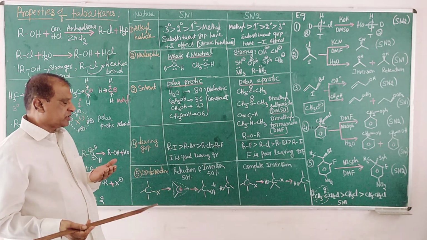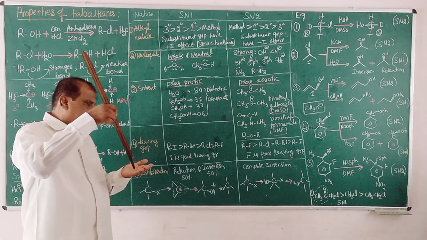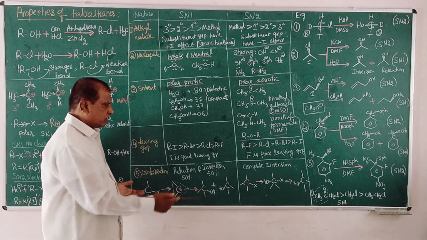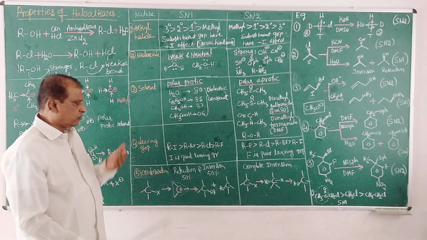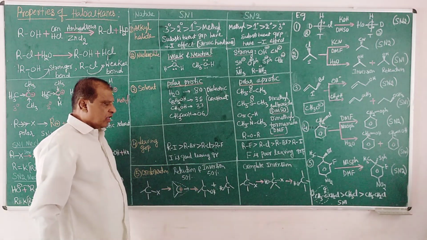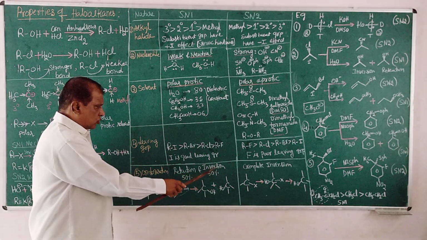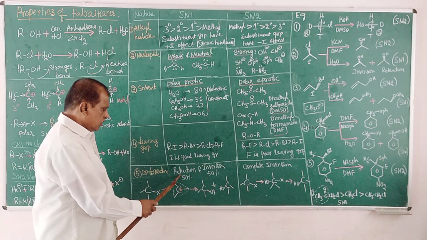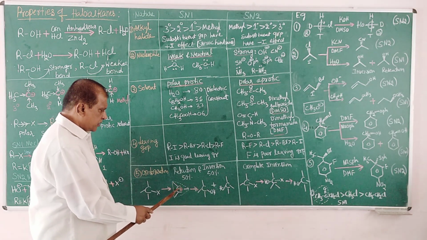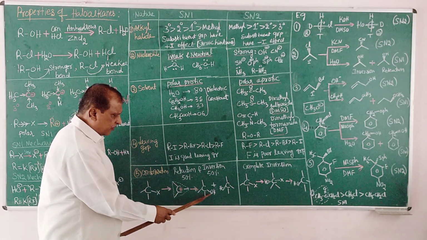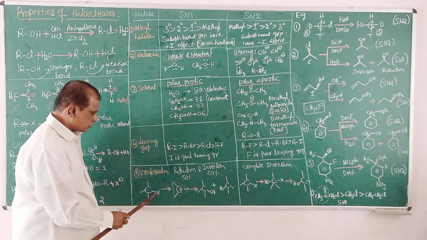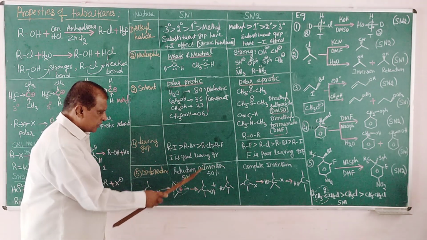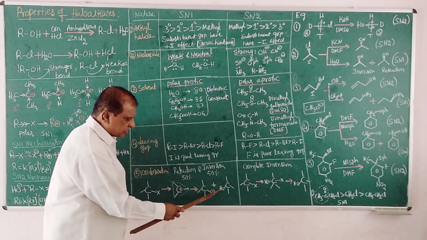There are two possibilities. If it attacks from the upper side, it forms one configuration. If it attacks from the lower side, it forms the other configuration. So attacking from one side, the configuration is retained. Attacking from the other side, the configuration is inverted.